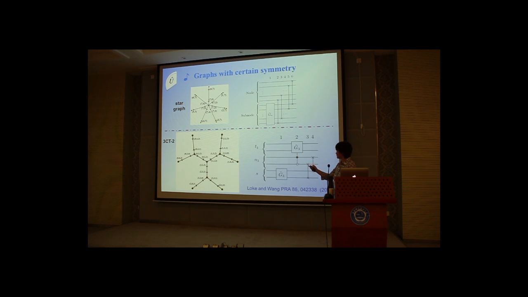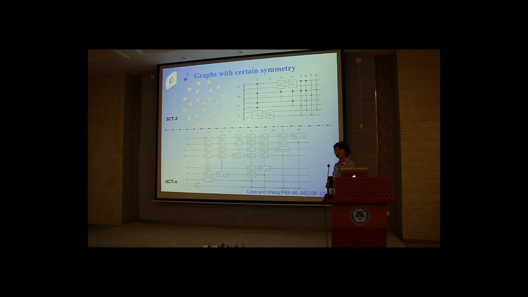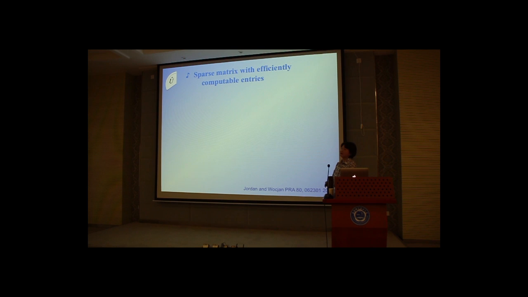So that's a Cayley tree, and then we did more layers of Cayley tree, and actually we obtained a circuit for a general d-regular Cayley tree of n branches. All right, so you can go quite far along that path, but it's very, very limited.